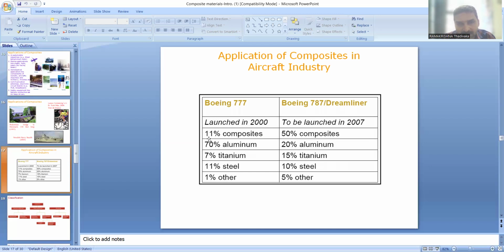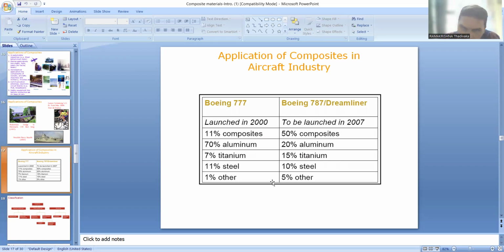But come to the present days, the usage of composite has increased. That is the Boeing 787 Dreamliner that is made in 2007. In this one, 50% is composites. See how drastically the usage of composites increased, and 20% is aluminum, 15% is titanium, 10% is steel.